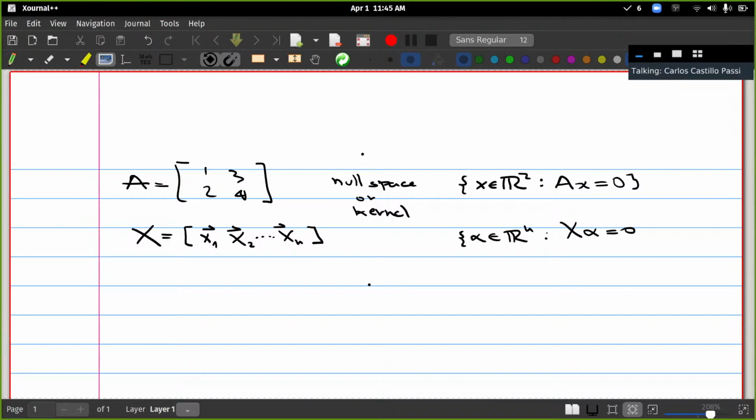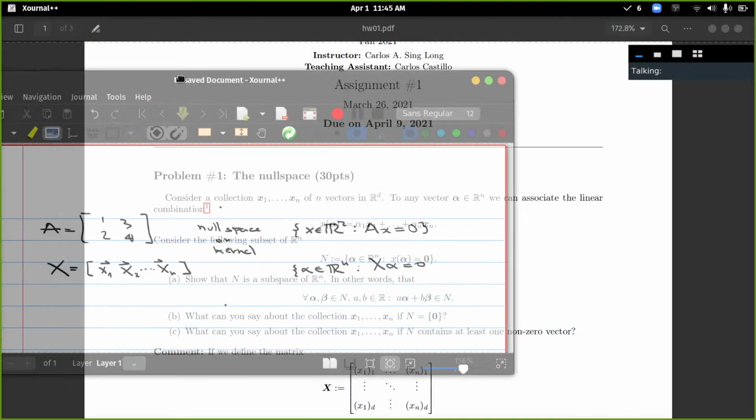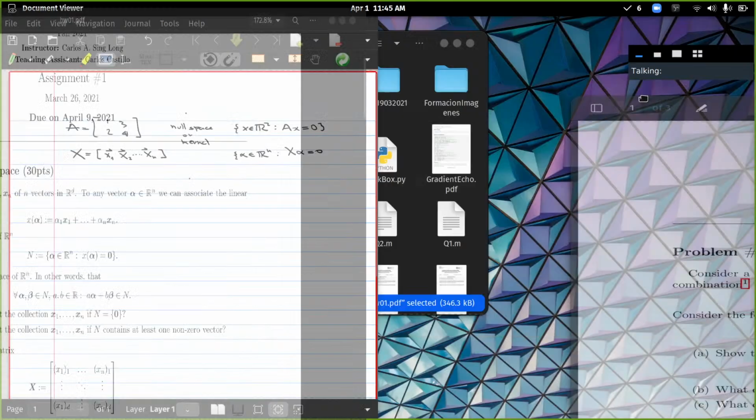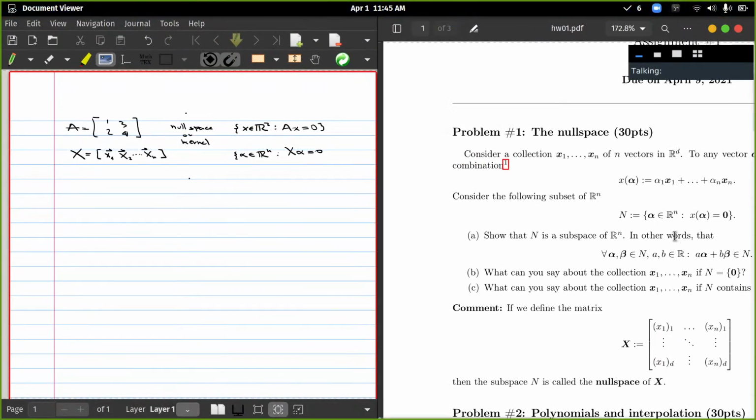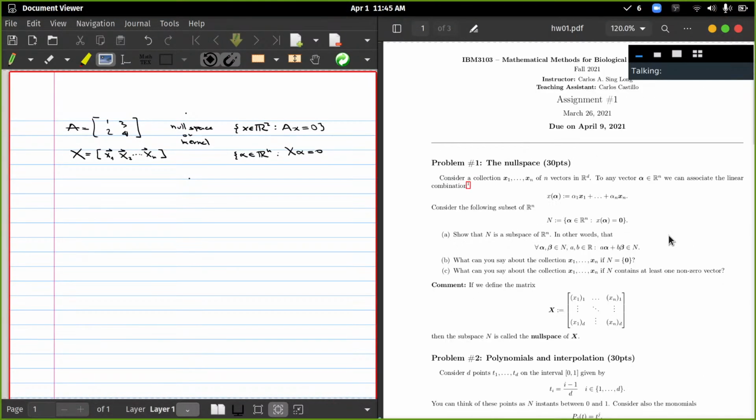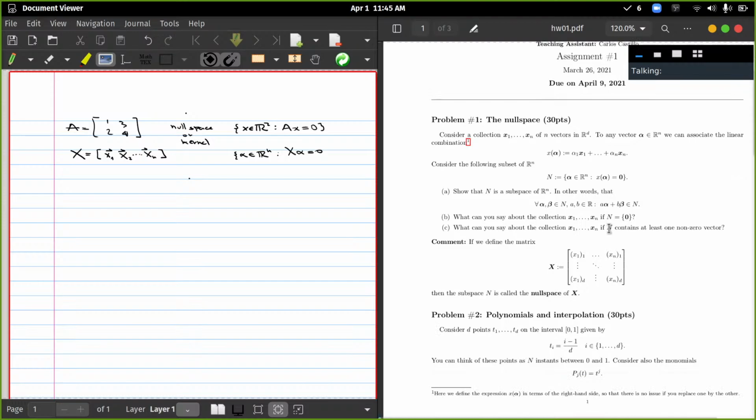I cannot copy paste, but I can put them side by side. Like so. So the only difference with the most common notation is that the matrix A is called X and the vector x is called a vector of coefficients alpha.